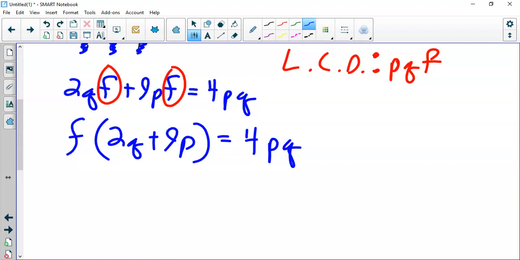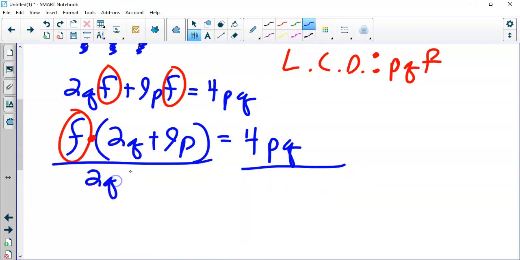And then what are you going to do now? And you said it a moment ago. Divide. Because what's going on between the F and the parenthesis? Multiplication. How do you get rid of multiplication? Divide. So we're going to divide both sides by what? 2Q plus 9P.